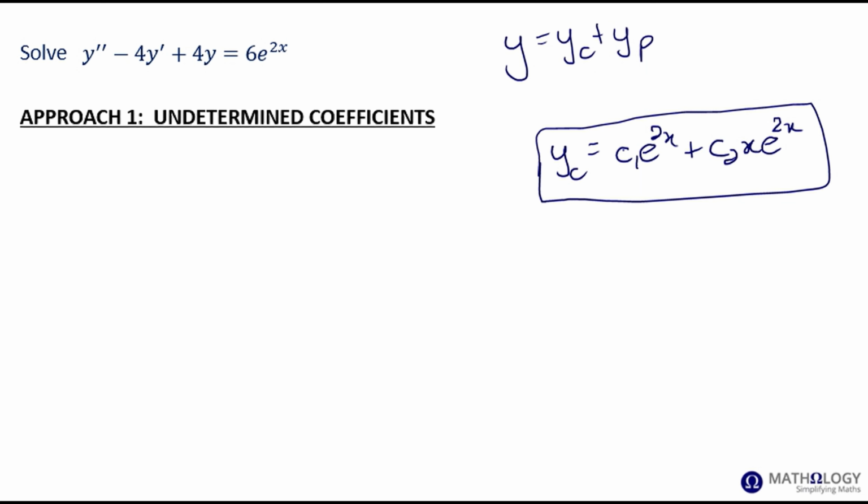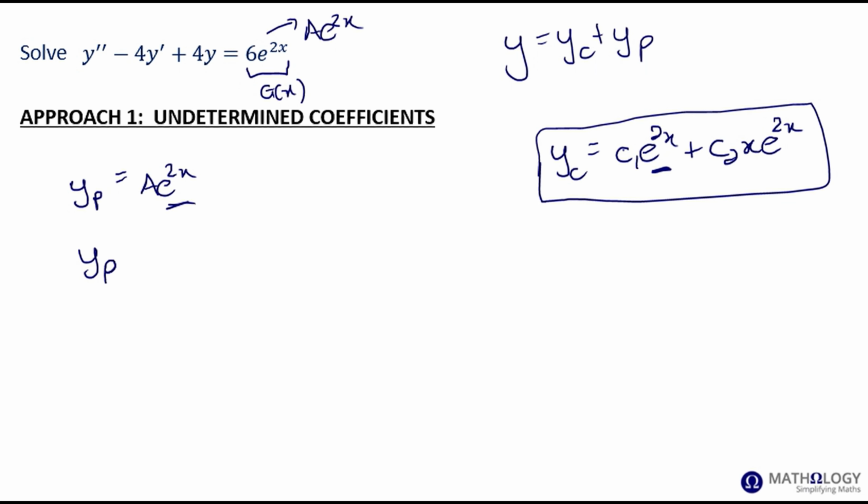Now when it comes to determining the particular solution for this differential equation, we always look at the right-hand side, which we can call g of x, and we establish a particular solution that is of this form. So this is of the form a e to the 2x. But we cannot use a e to the 2x as a particular solution because e to the 2x appears in our complementary solution.